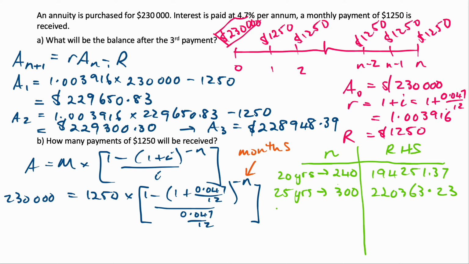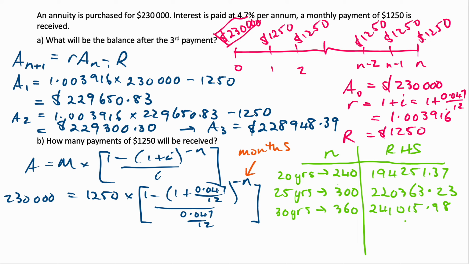So may as well just jump up and try 30 years. So that's an N of 360, and that calculates to $241,015.98. So you can see we've gone over our 230,000 now. So 30 years is too long.